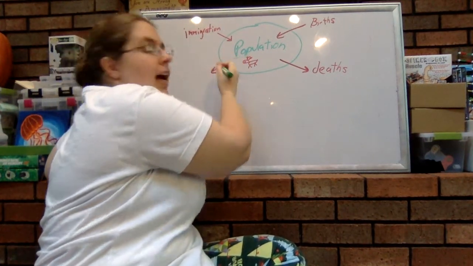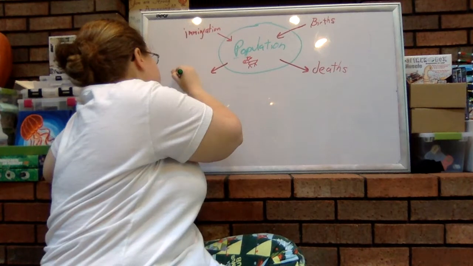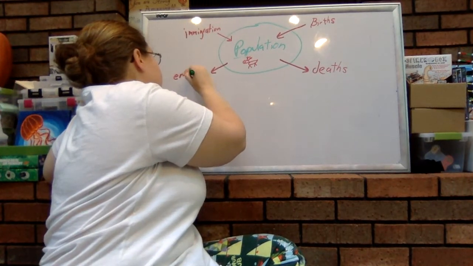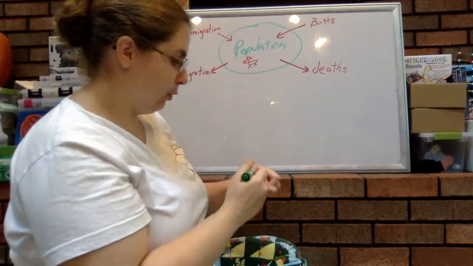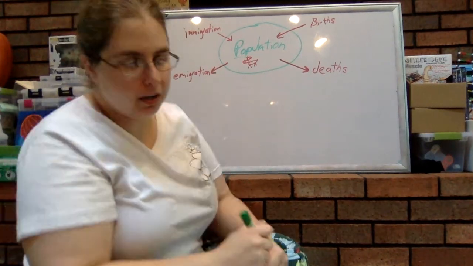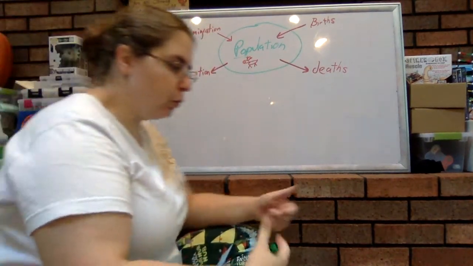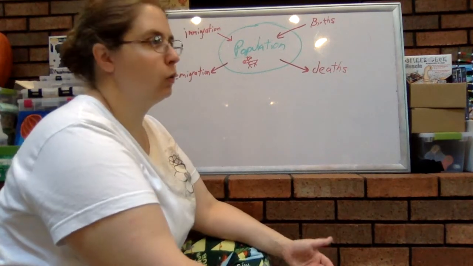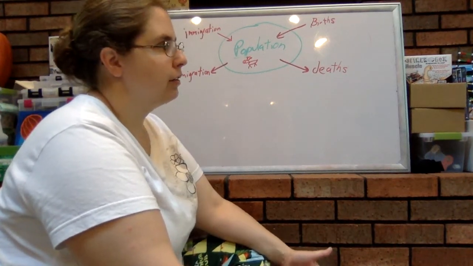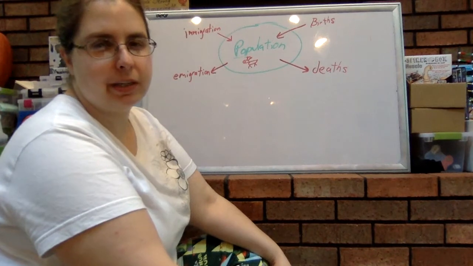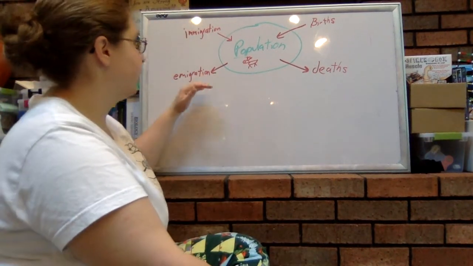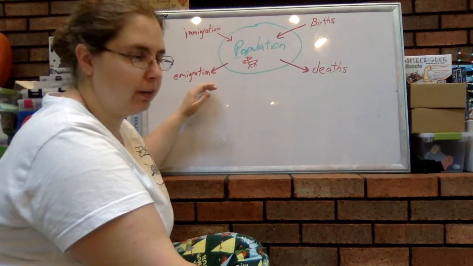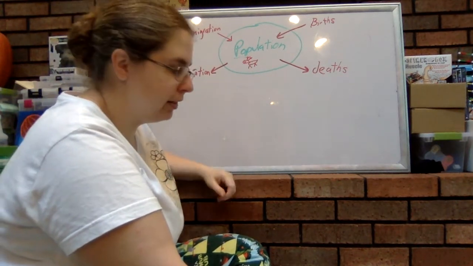Flip of that, the opposite of that would be emigration. And what emigration is, the number of individuals who choose to leave the population, or for whatever reason they leave the population without being killed. So that can mean either they got lost from their herd and they can't find them to rejoin them.